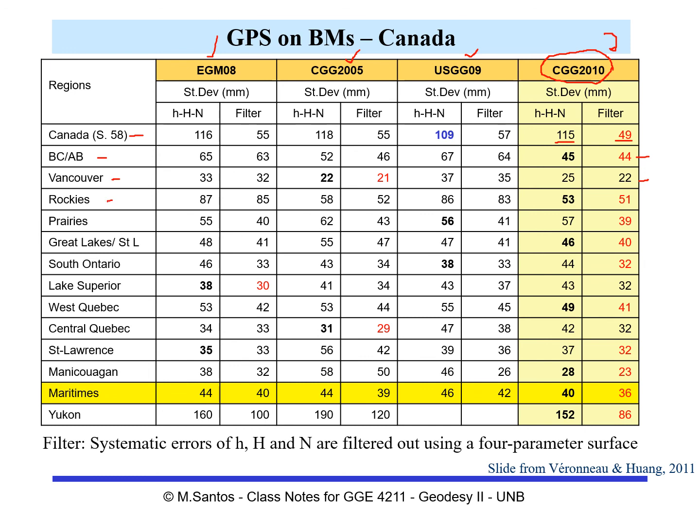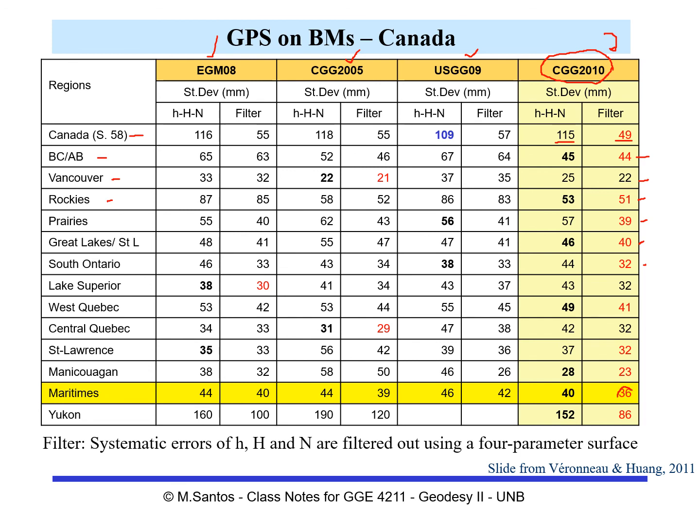In the Rockies, we have the highest source of error because of the mountains. In the prairies, we have kind of a 4. It's a high level, even though it's a plain. It's a plateau. The Great Lakes, 4 centimeters. Lake Superior, Lake Ontario, South Ontario, and we go all the way to the Maritimes.